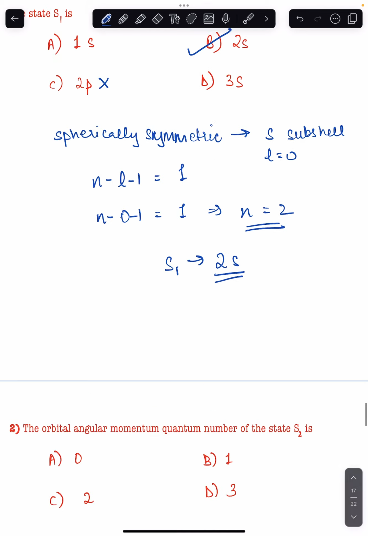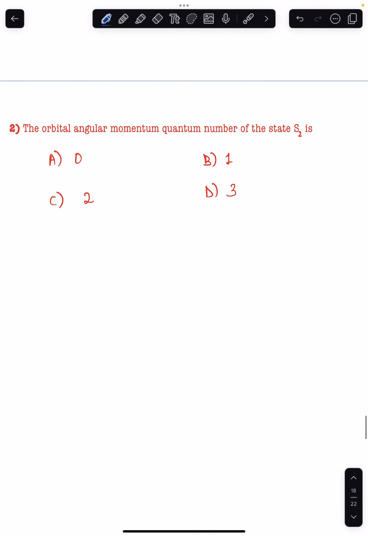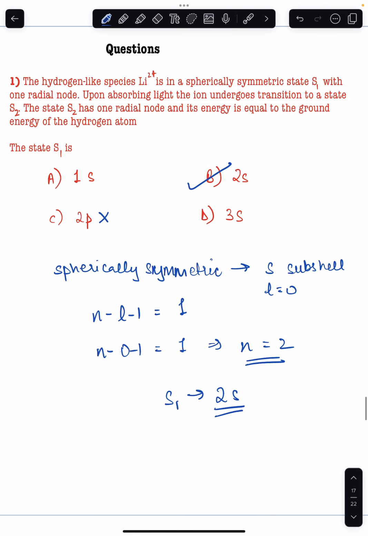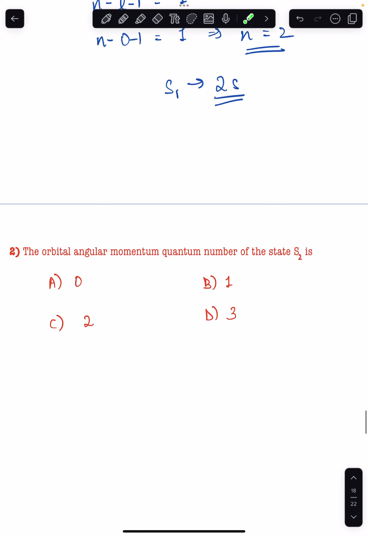Alright, now we move on to the second question, which is based on the same paragraph. It says that the orbital angular momentum quantum number of the state S2 is. Now what does this orbital angular momentum quantum number mean?